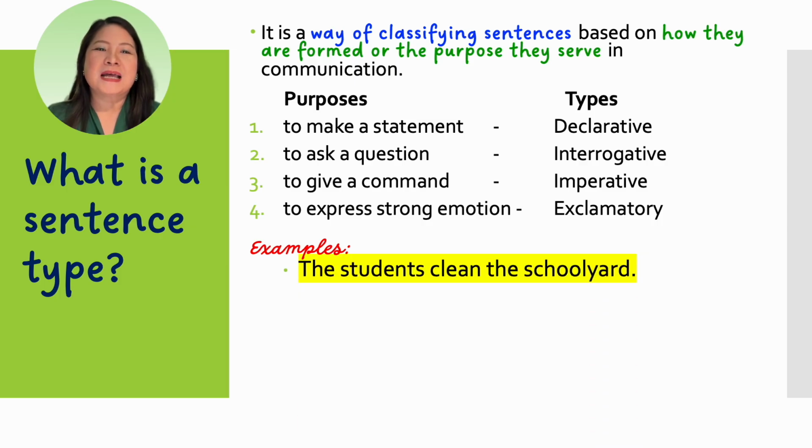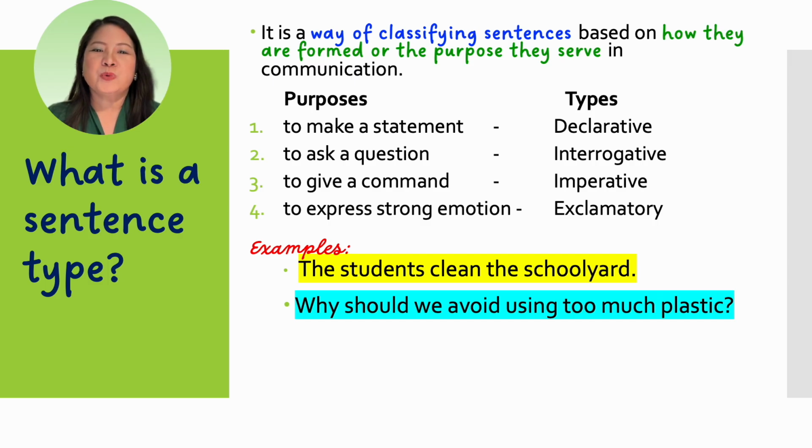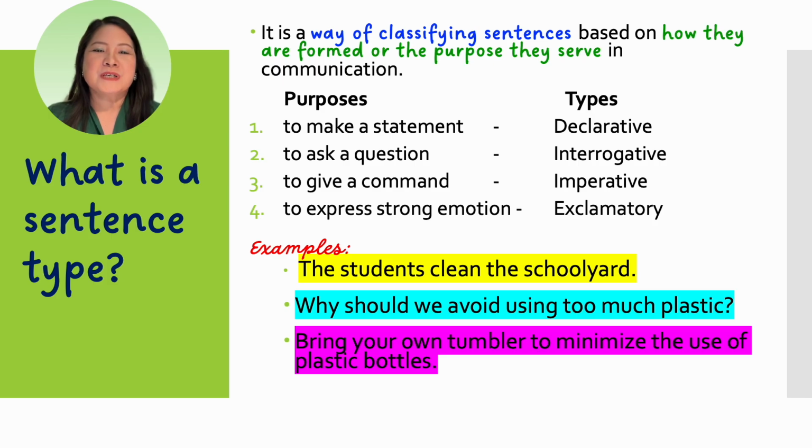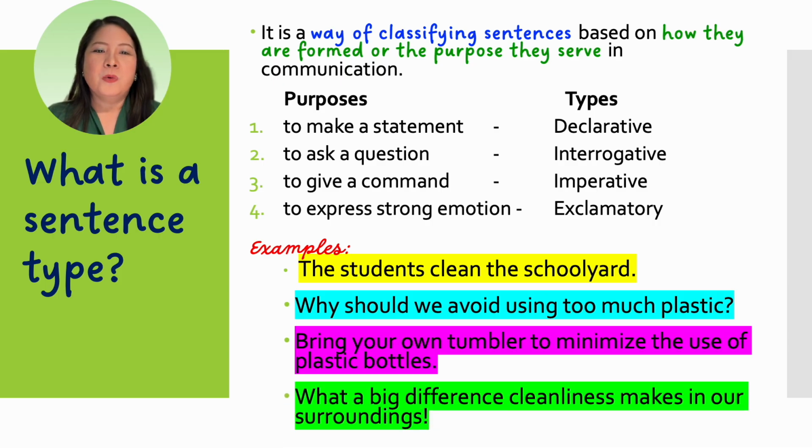Examples: the students clean the schoolyard. So this is a declarative sentence. Why should we avoid using too much plastic? This is interrogative. Bring your own tumbler to minimize the use of plastic bottles. It's imperative. And what a big difference cleanliness makes in our surroundings. It's exclamatory.